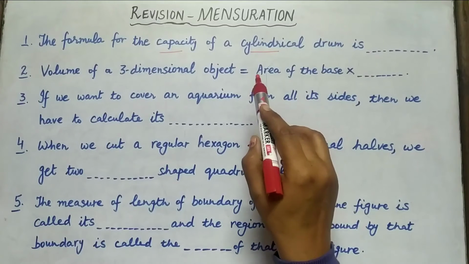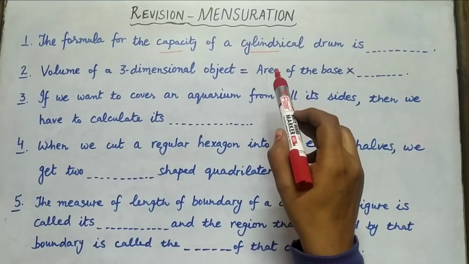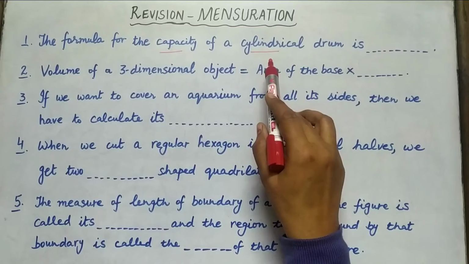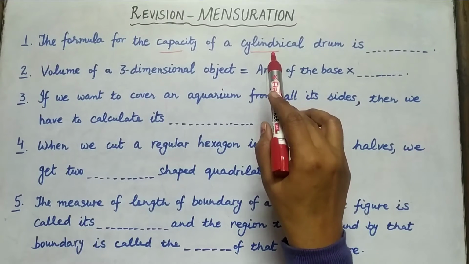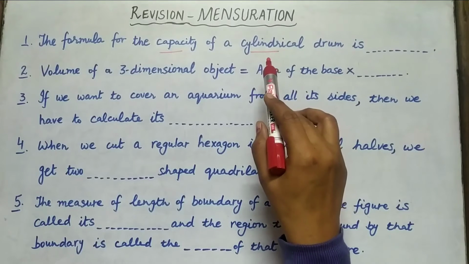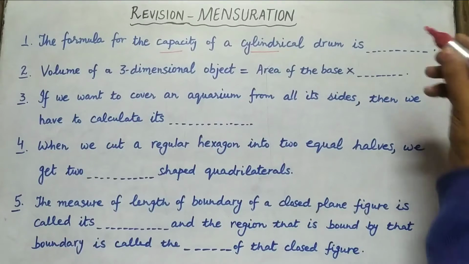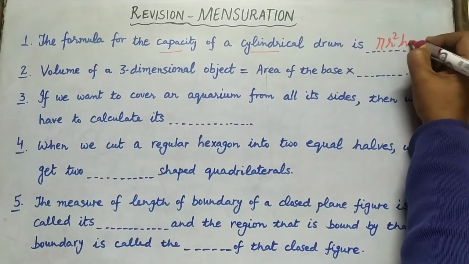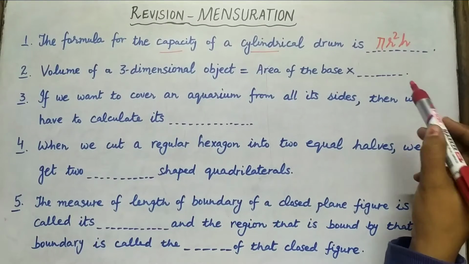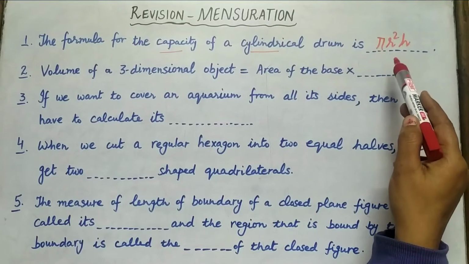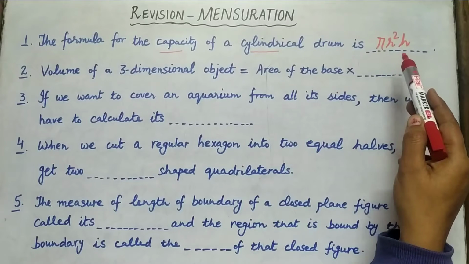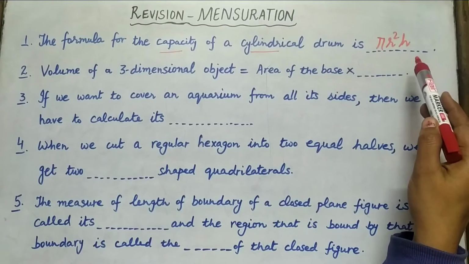And here, the volume of which 3D object is asked? Cylinder. It means the formula for volume of a cylinder, that is pi r square h. Here r is the radius of base of that cylinder and h is the height of cylinder.